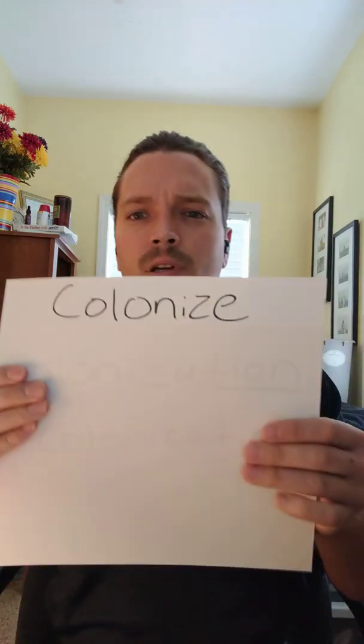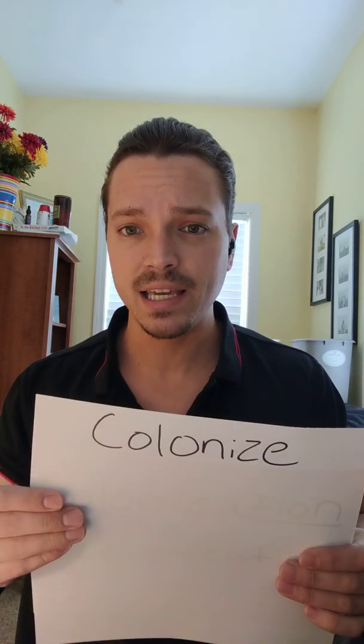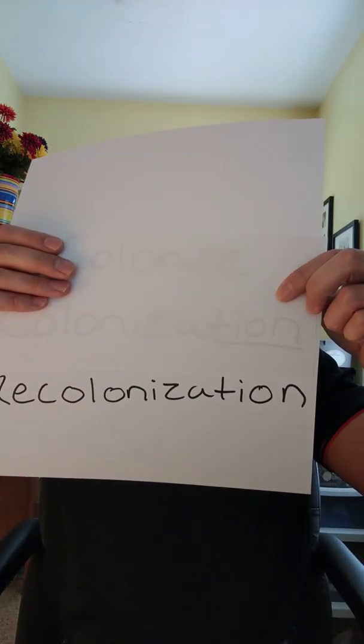So, back to the root word. Colonize. Now, a good example of something you might see where you go, I know that, but I didn't really see it like that before. Check this out. Recolonization. Okay, so what's the root word in recolonization?